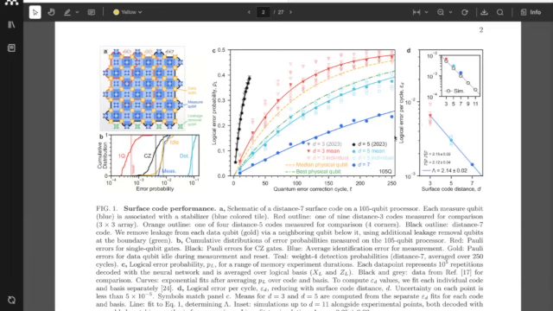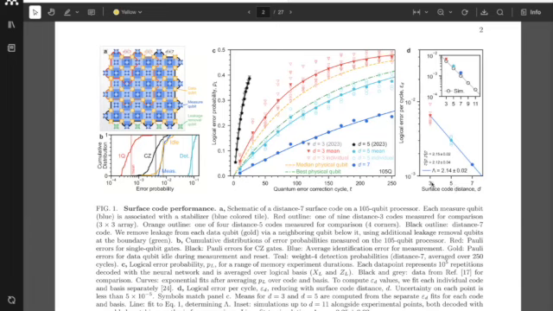Then they fit the parameters here and try to extract the separation length in the system. This is what they are calculating here, the separation length with the change of d. So this is the logical error per cycle as a function of surface code distance.